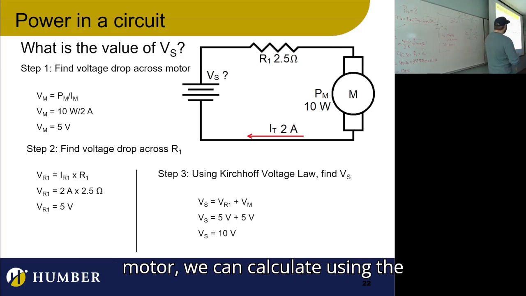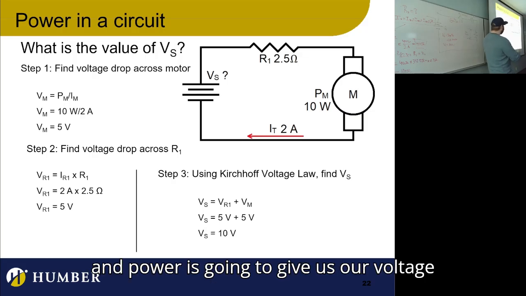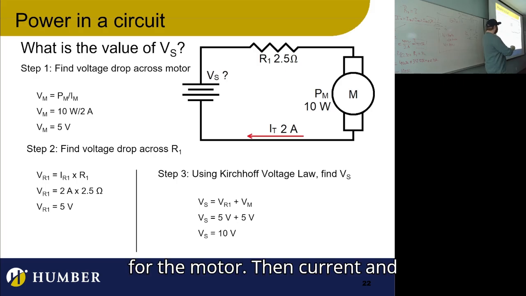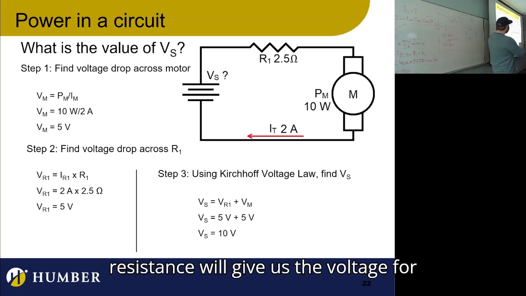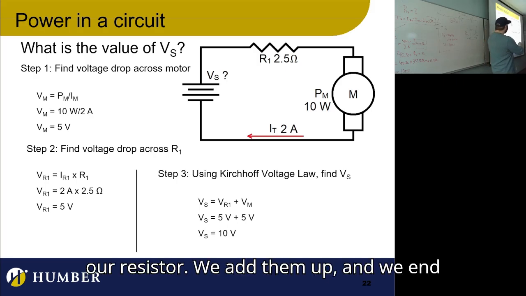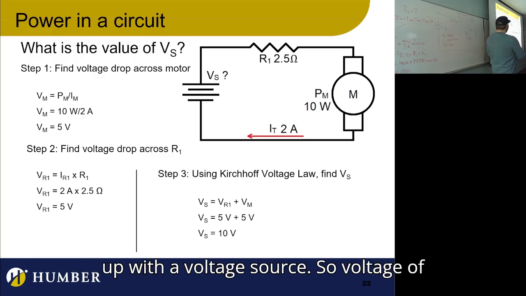Current and power will give us the voltage for the motor. Then current and resistance will give us the voltage for our resistor. We add them up and we end up with our voltage source.